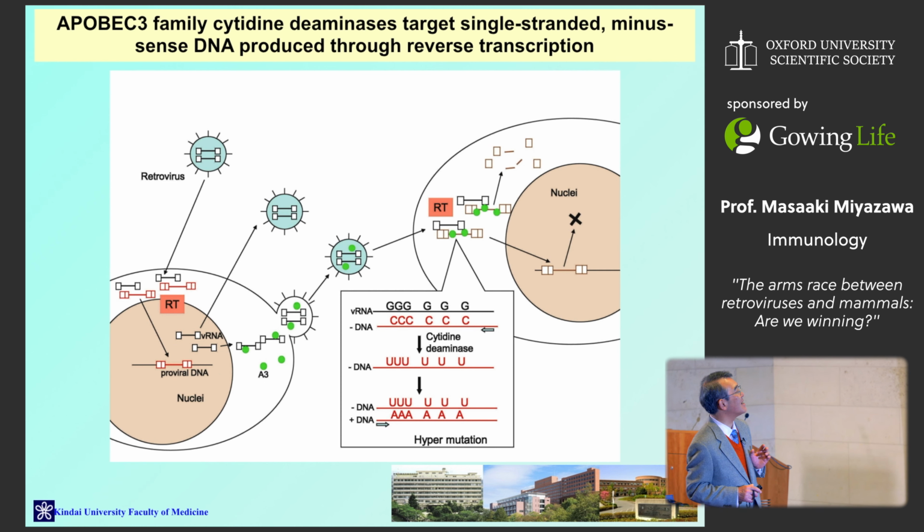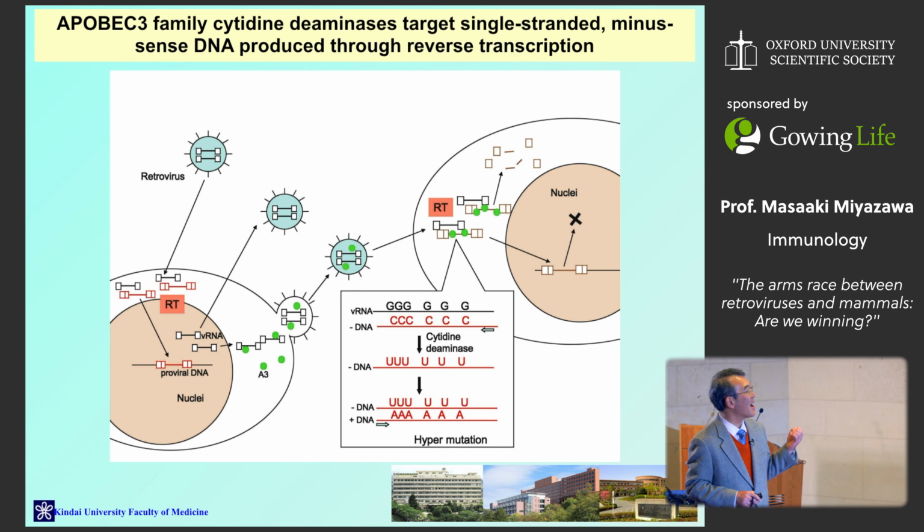So ApoBex3 is a cytidine deaminase. It deaminates cytidines into uridines. And as a result of that, the first negative strand DNA contains C to U substitution.